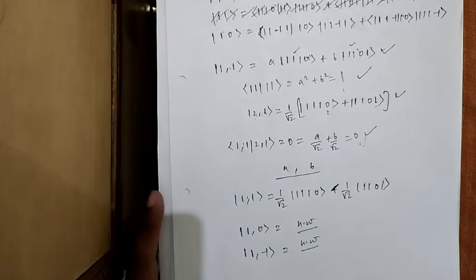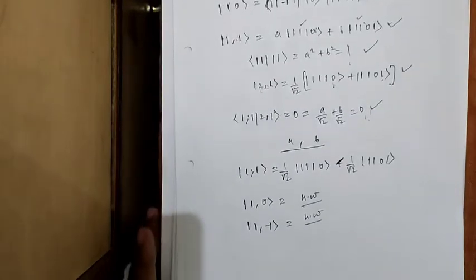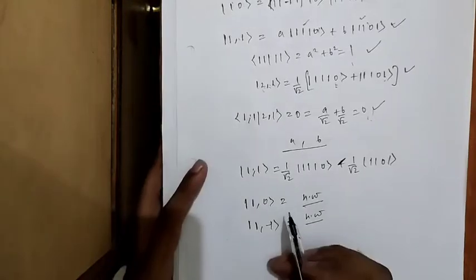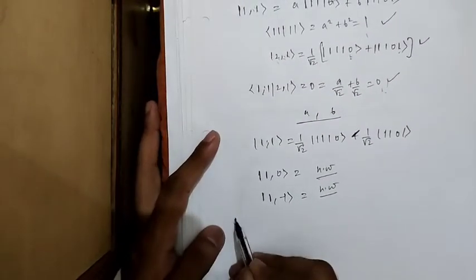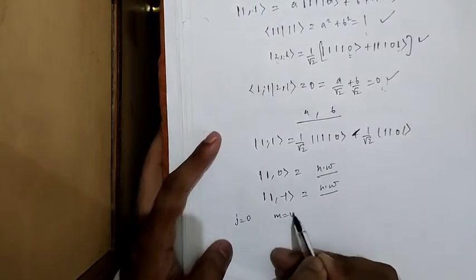The same procedure you can repeat for the 0 0 eigenstates, and in the same way you can proceed for the value of j equals 0, for which m equals 0.